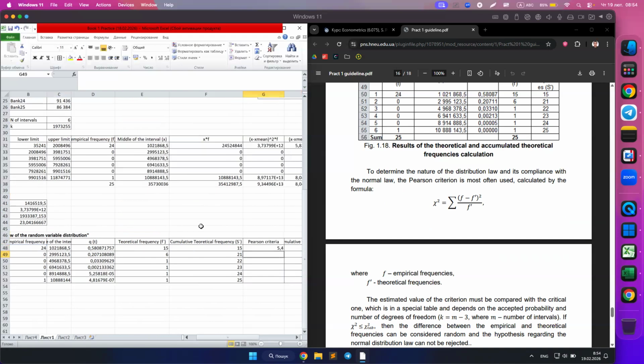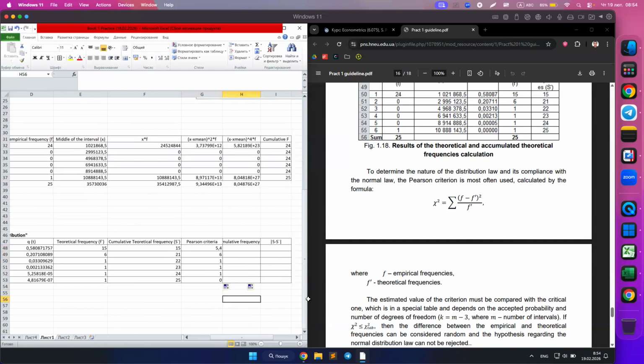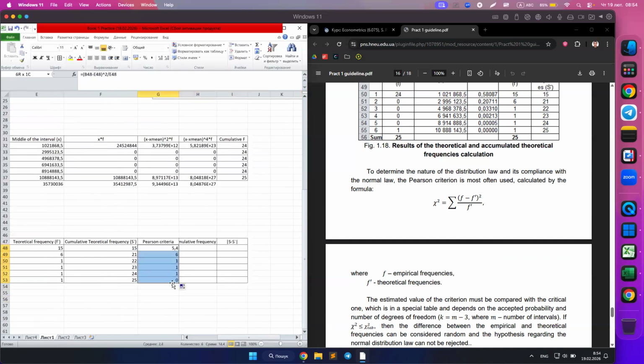And after that, we achieve some value, fill in the other cells, and we have to find the sum for this column. So here we find the sum for this column.